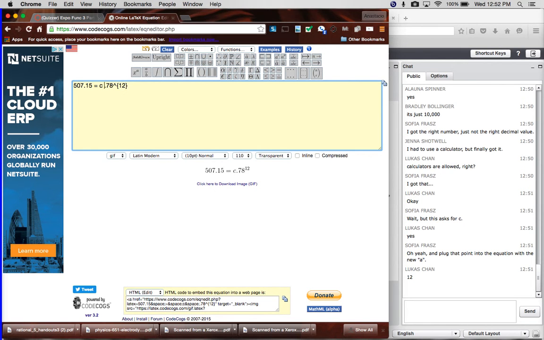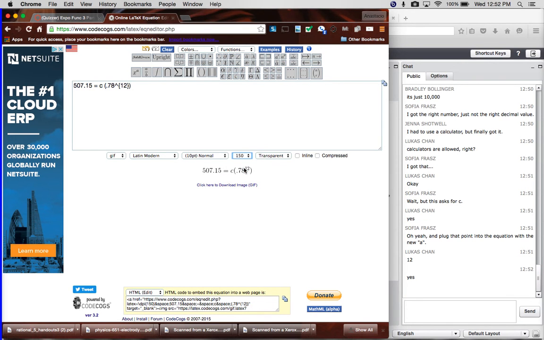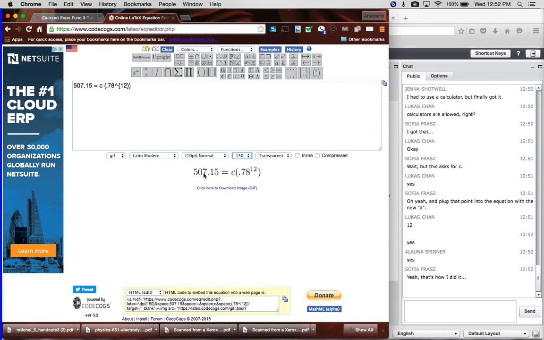And I'll put parentheses around here because I don't want to confuse that with a c. Yeah, there we go. Are we cool with that? Can you see that? How's that? Is that better?